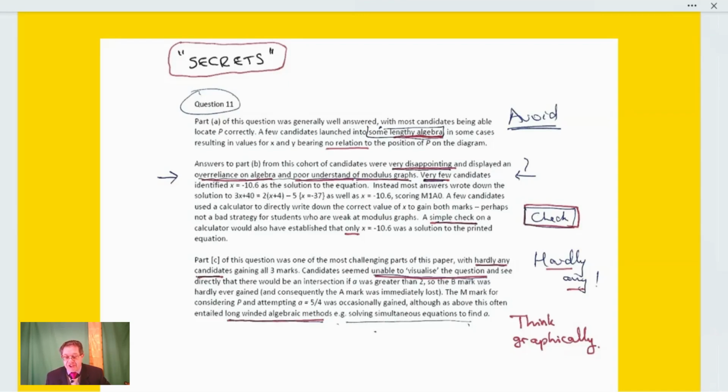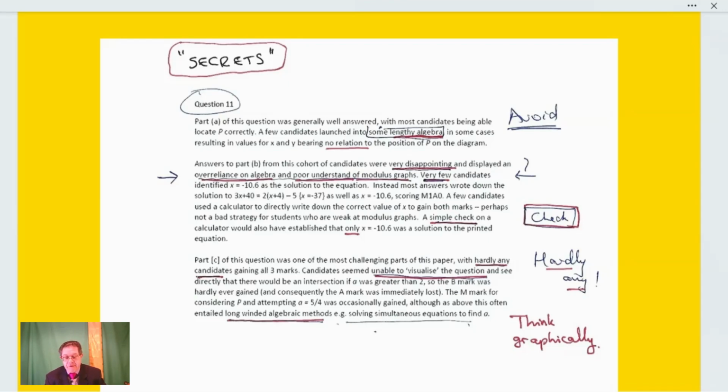A few candidates launched into heavy, lengthy algebra, in some cases resulting in values of x and y bearing no relation to the position of P. So the moral is, avoid launching into lengthy algebra, think visually, think graphically, and check your answers.